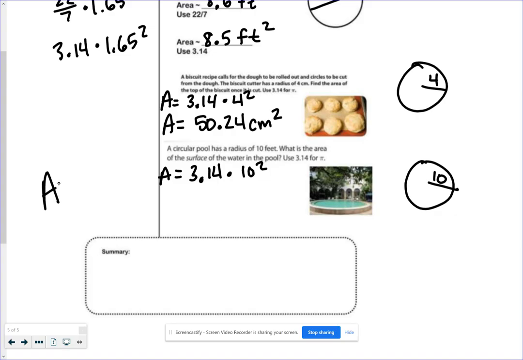And our area equation is always pi r squared, never diameter, always r. And when we do 10 squared, we get 100 times 3.14, which is 314, and our label is feet squared.